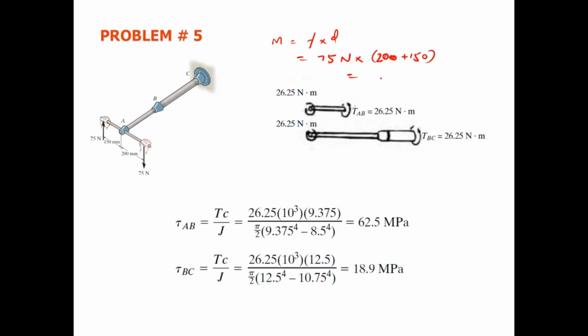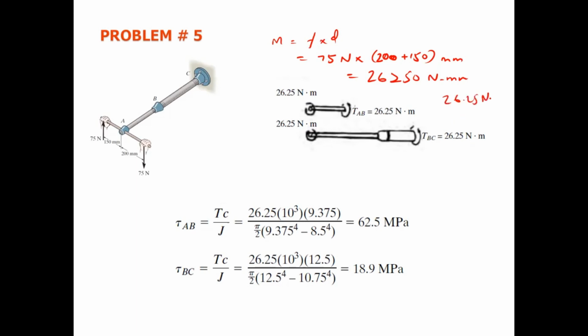When we multiply it, our answer will be 75 into 350, 26250 Newton millimeter divided by 1000. It will be 26.25 Newton meter.